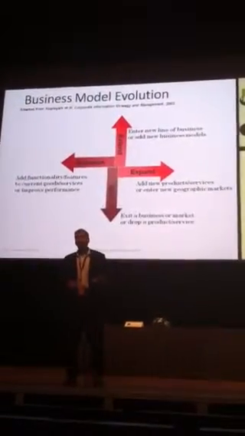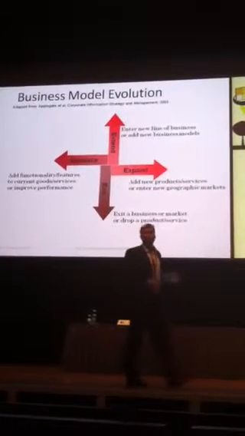Then I will show the conceptual model, and I will show 4 cases very shortly, given the time, and I will end up with some conclusions. So I talked about 4 possibilities. We can enhance, we can extend, we can expand the other way, or we can exit.